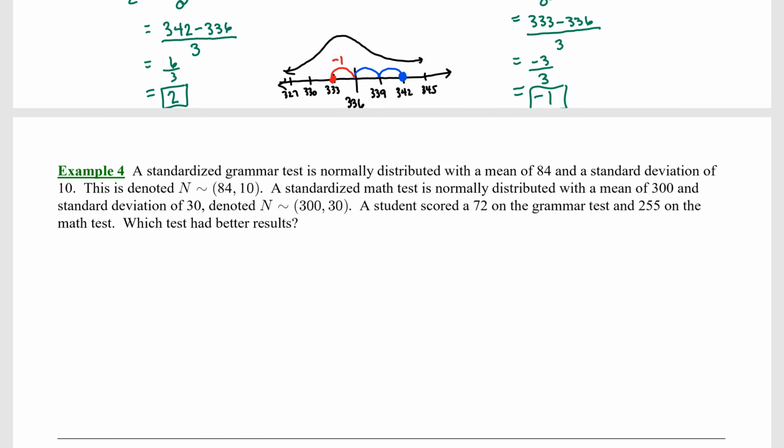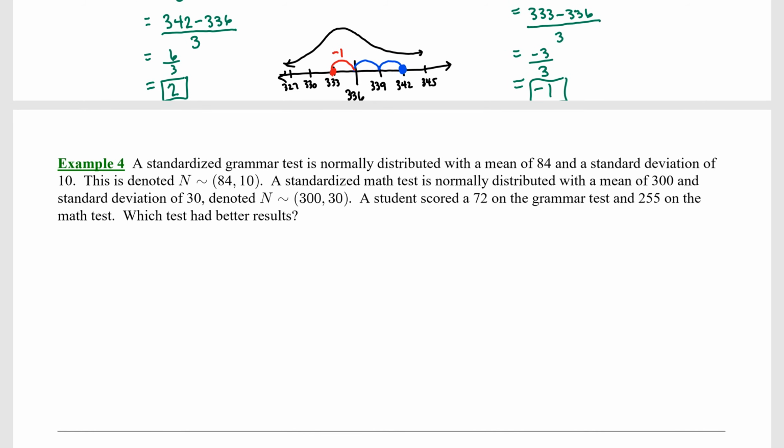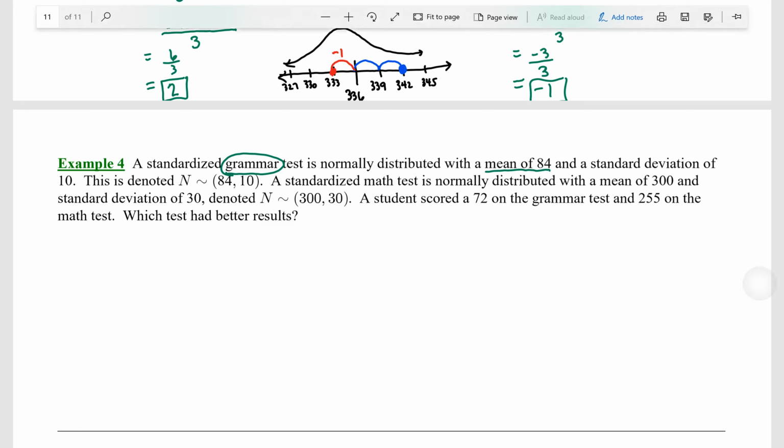Now, as I mentioned previously, if we convert a normal distribution into the standard normal distribution, then we'll be able to compare 2 different normal distributions, and that's what this example is really about. A standardized grammar test is normally distributed with a mean of 84 and a standard deviation of 10. This is denoted N for normal distribution.